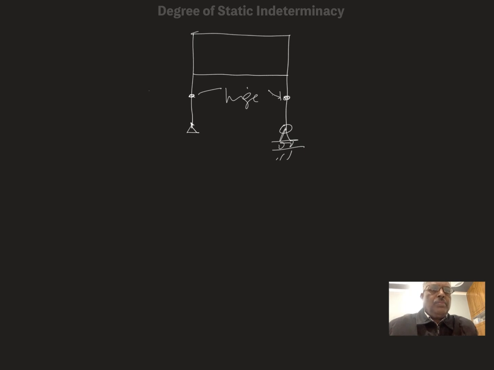So there are 2 members. So R dash is equal to 1 here, and this will be made fixed to make it tree-like. Then if I am making it fixed, there are 2 reactions. So 1 I will add if I am making it fixed. If I am making fixed here, there is 1 reaction. So I am adding 2.